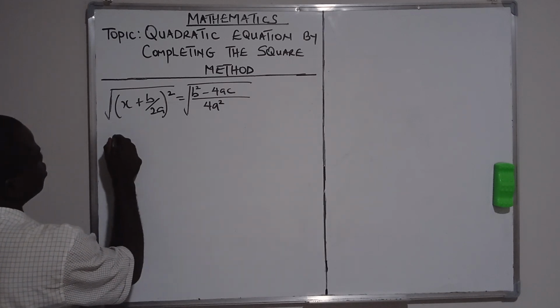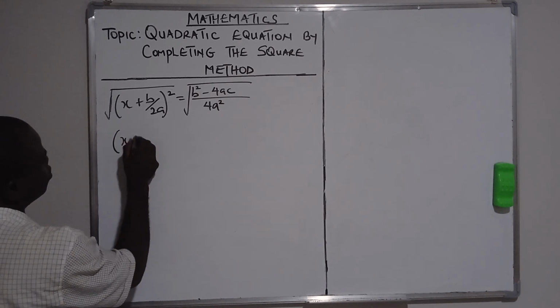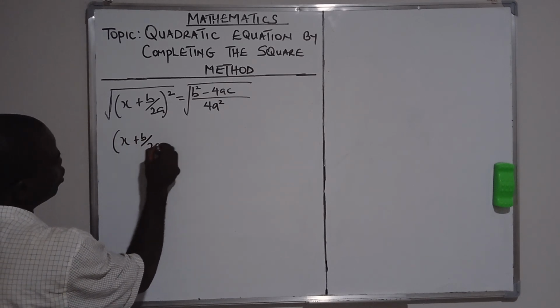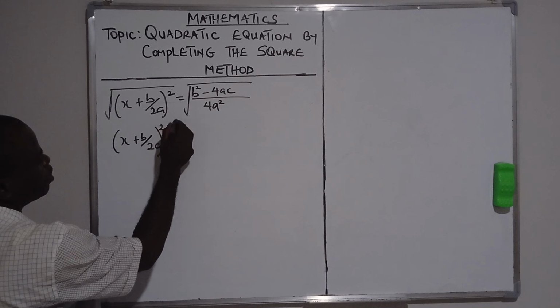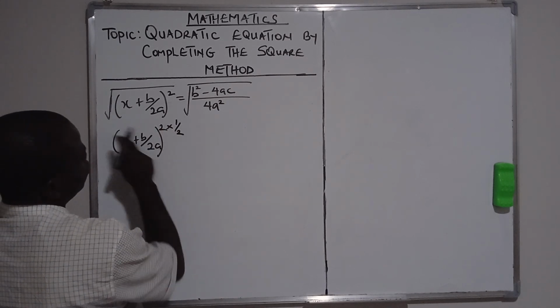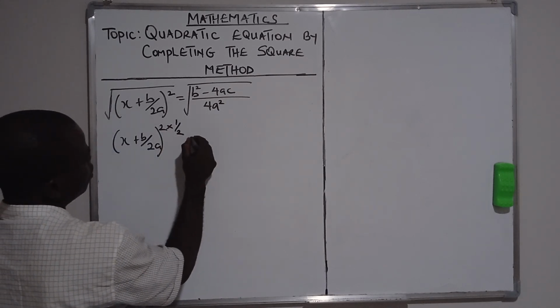You have x plus b over 2a. The square root means half times half. This is how you bring it back to the front.